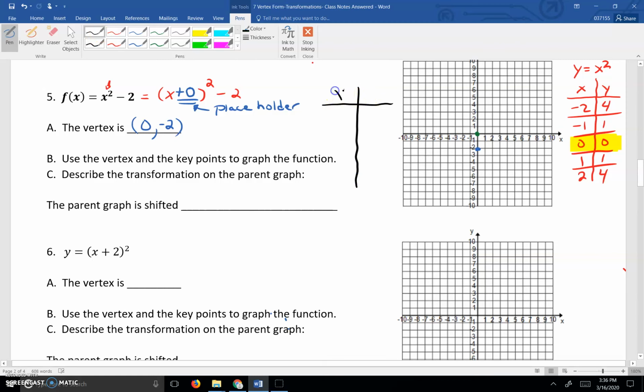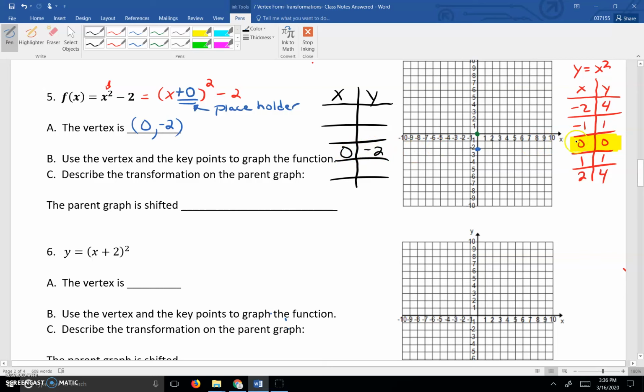for my function, x and y. In the middle, I'm going to make the middle value in my chart my vertex. 0, 0 was my vertex. Now it becomes 0, negative 2. So 0, 0 changed to 0, negative 2.